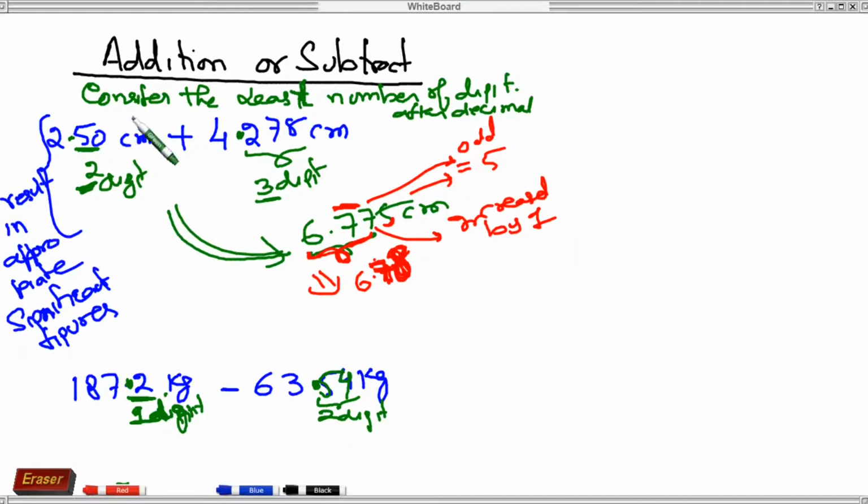Okay. So what will happen? Our result should be up to one digit after decimal.